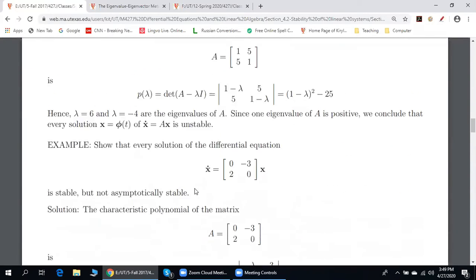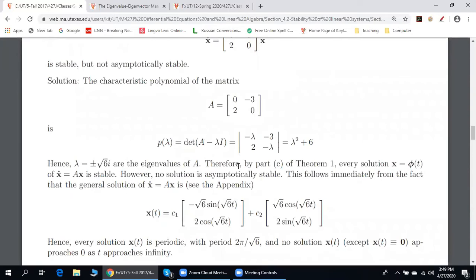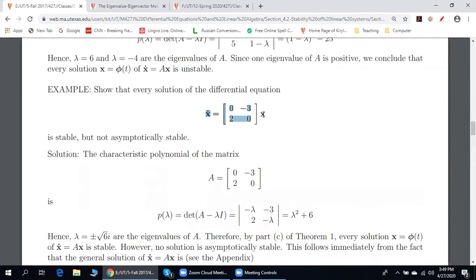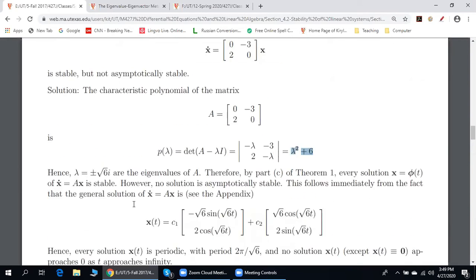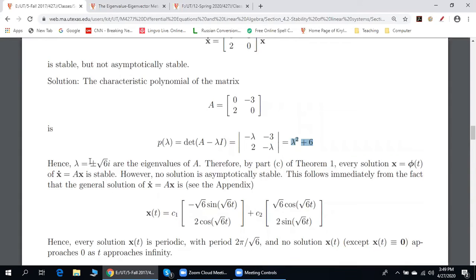Here's an example. Please take a look at this. Here's our system. Characteristic polynomial is lambda squared plus 6. Eigenvalues are 0 plus minus square root of 6i.